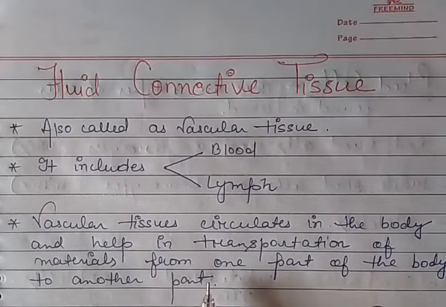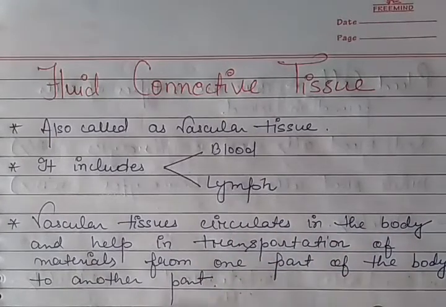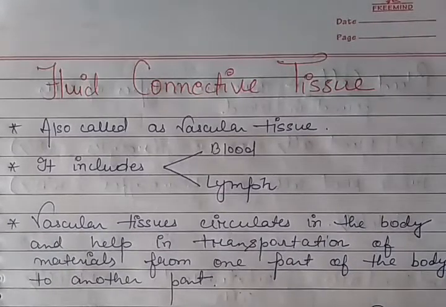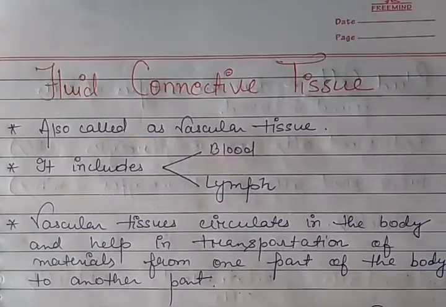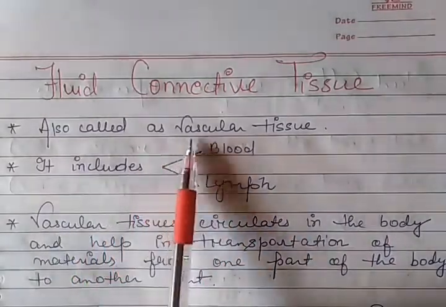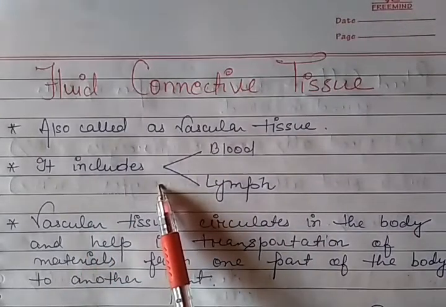So fluid connective tissue is called vascular tissue because it circulates in the body and its main function is to transport materials from one part of the body to another.